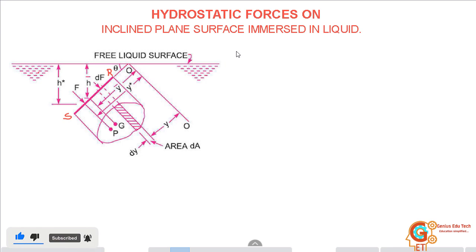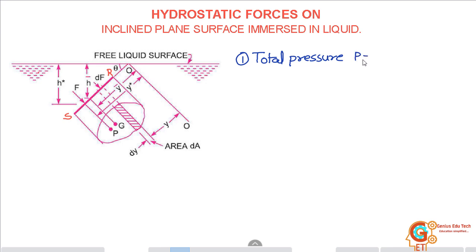First we'll calculate total pressure. From hydrostatic law we know the pressure is given as rho gh, right? So we'll consider a small elemental strip of thickness dy and area dA. So total pressure force acting on this elemental area is given as dF.